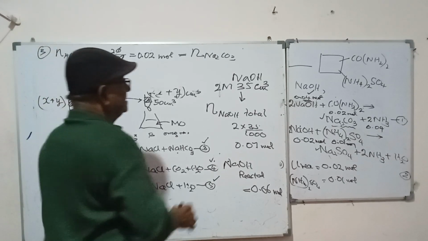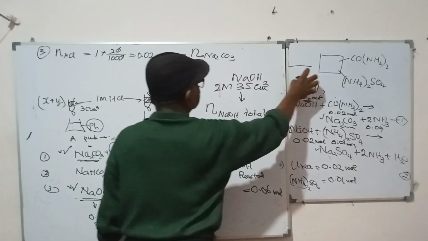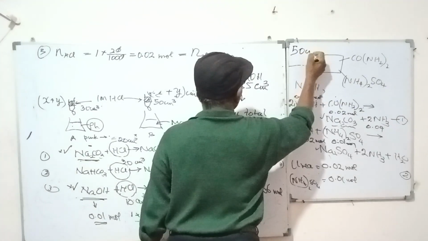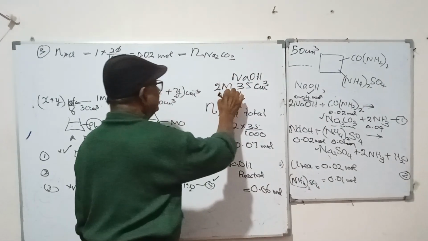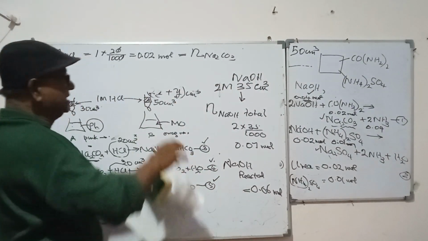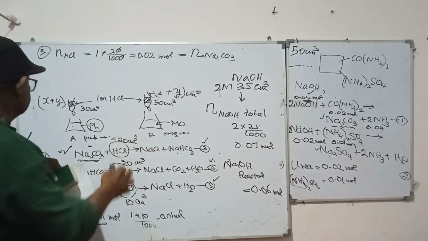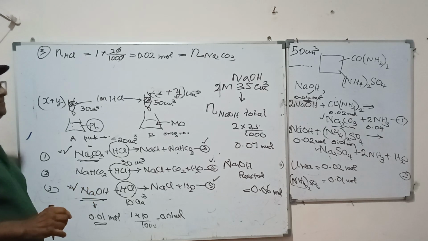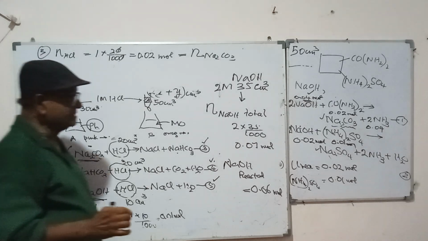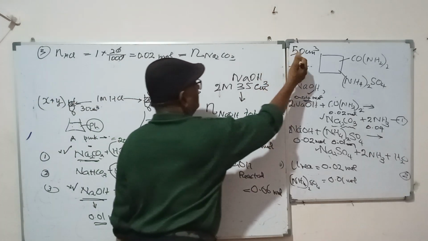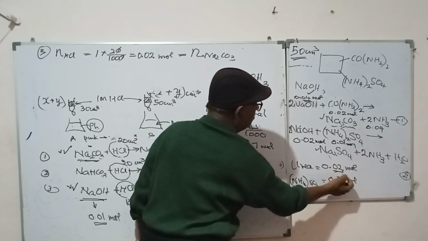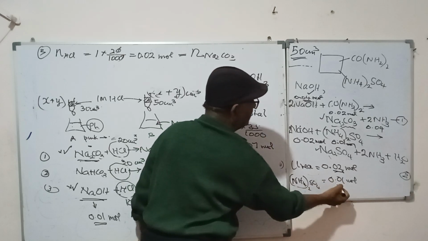Right? The total mixture, 50 cubic centimeter. Do you remember? I had erased it here. A 50 cubic centimeter volume was taken for the reactions. Then it is clear that the total volume of 50 contains urea 0.02, ammonium sulfate 0.01.